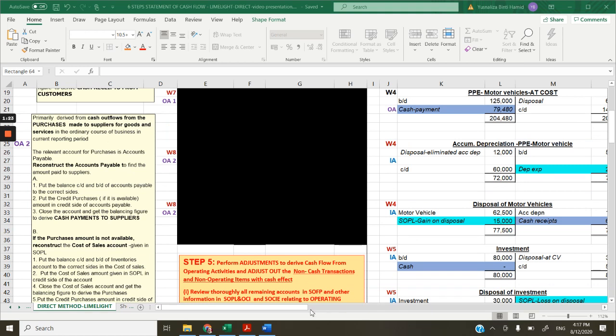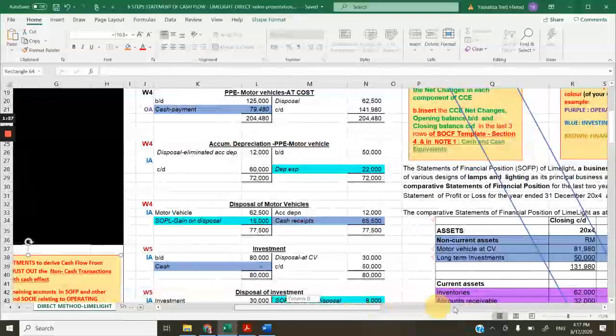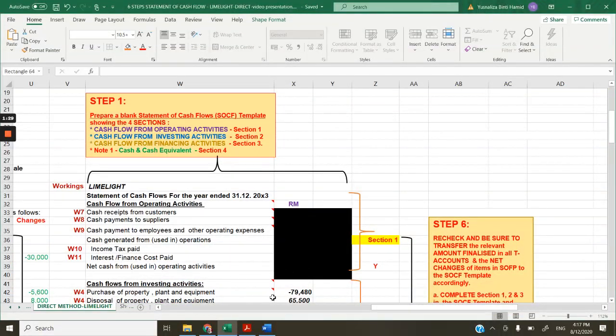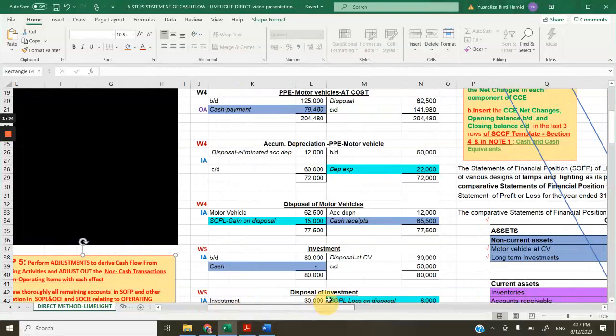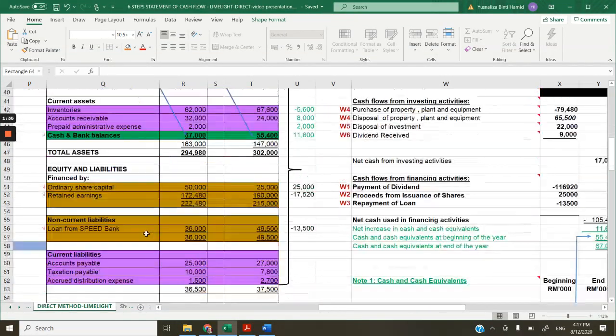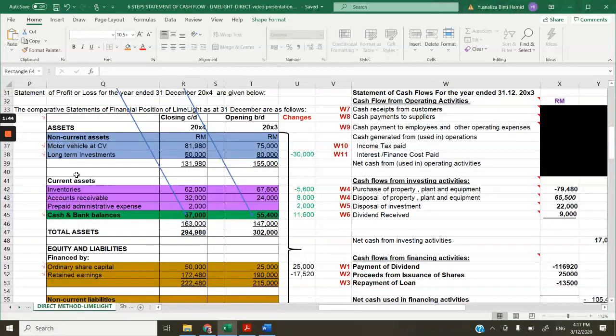So to do that, we are now left with a few accounts that we have in our statement of financial position. We can see that we still have a few accounts not being checked or ticked, and you can see we have this here.